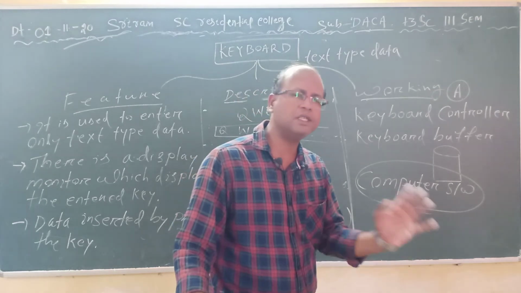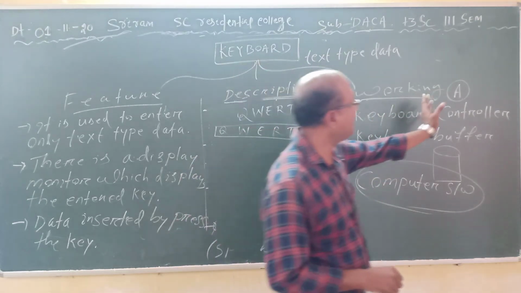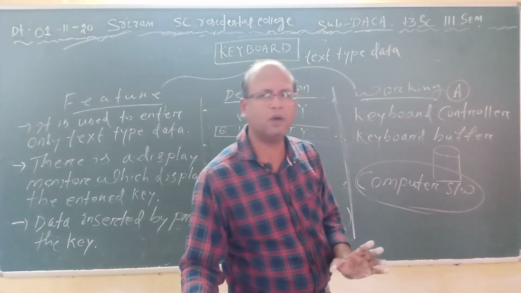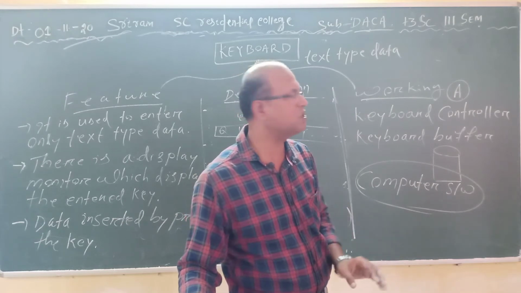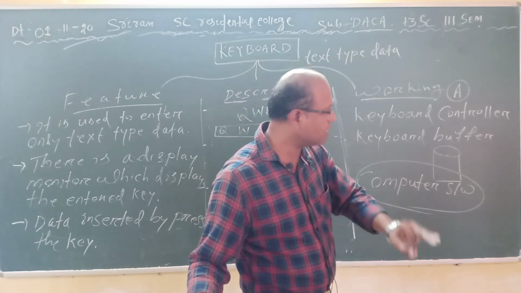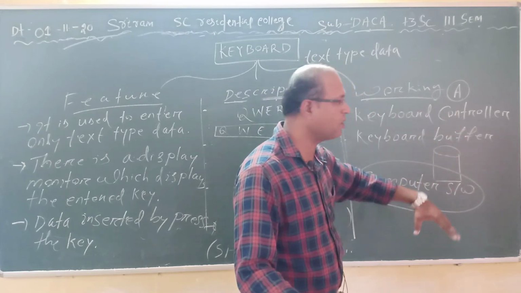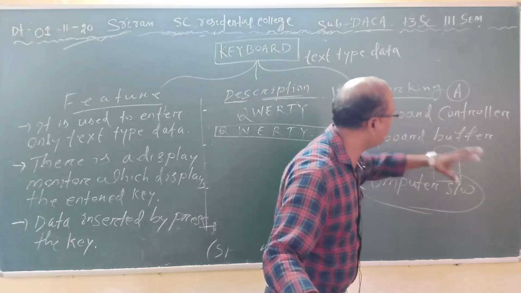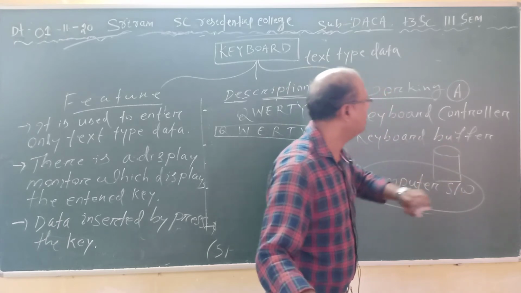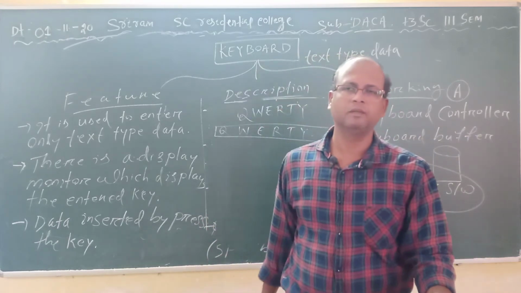The interface's work is to convert A into the data code. That code is built with zeros and ones, and the interface collects the data code and stores it temporarily in a keyboard buffer for some time.